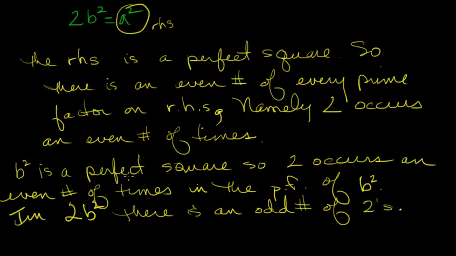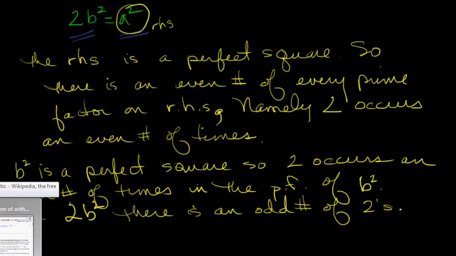So if on the right-hand side we have an even number of 2's here, and on the left-hand side we have an odd number of 2's, why can that absolutely not be the case? This is a contradiction to the unique prime factorization theorem.